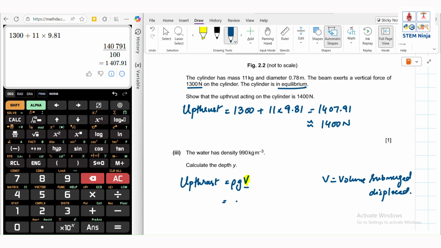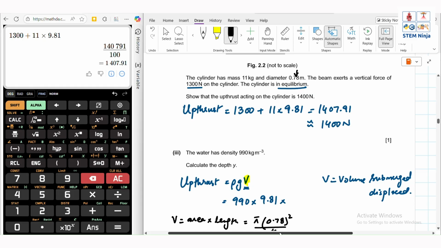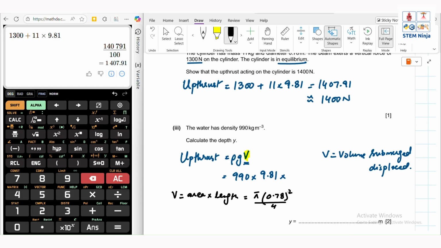So density is 990, g is 9.81, and for volume of cylindrical objects, we have area times length. Area is not given to us, we have diameter. So area is pi times diameter, 0.78, whole squared, divided by 4, and length is given as y.